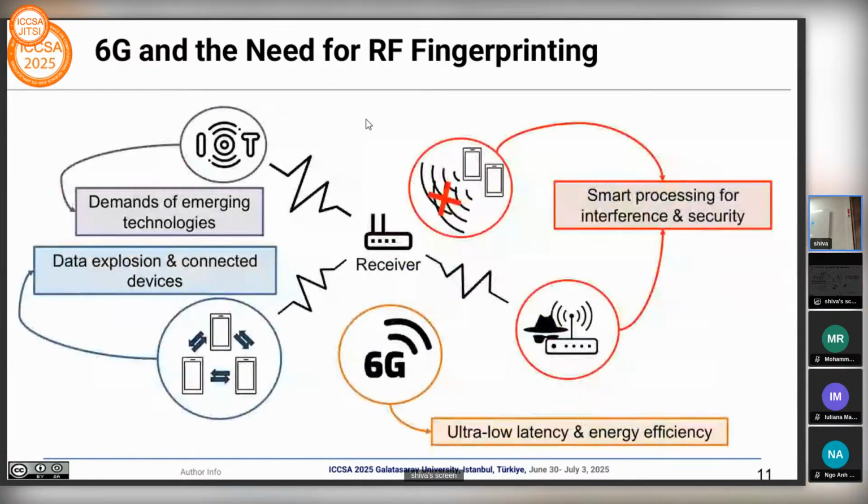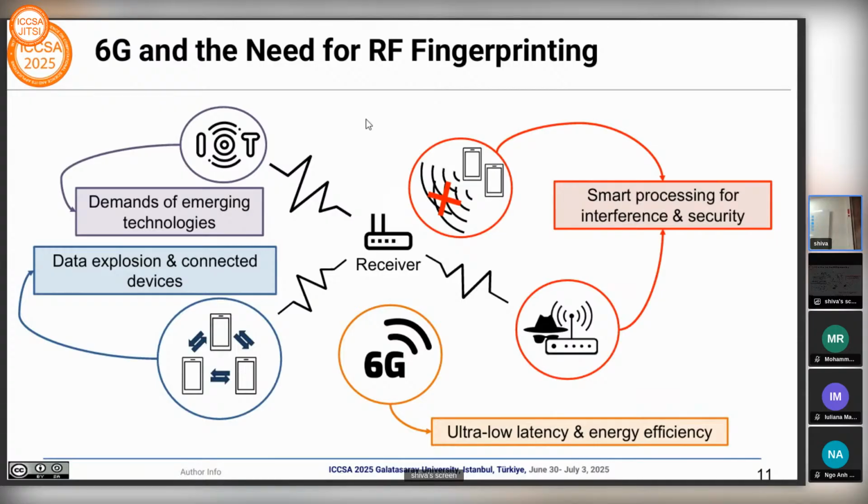So, this is a picture that basically shows why fingerprinting is important in more detail. You have very different types of devices using different standards. We have an explosion of connected devices, not only our smartphones, but also IoT devices to support machine-to-machine communications, autonomous driving, ultra-reliable and low-latency communications, and many other types of communication.